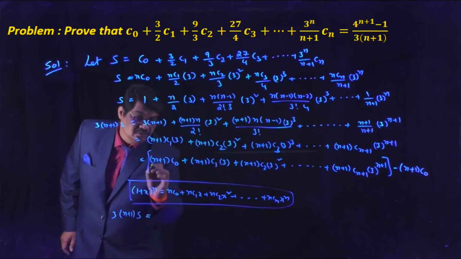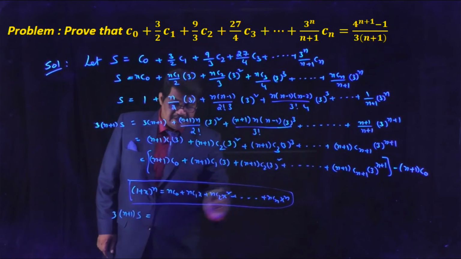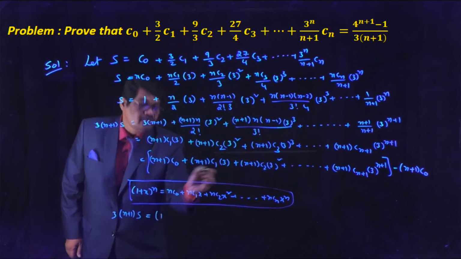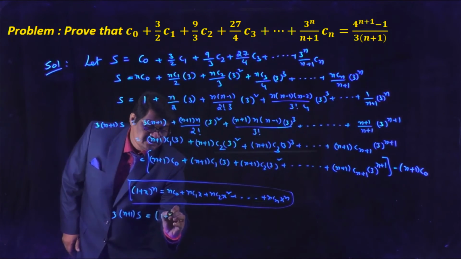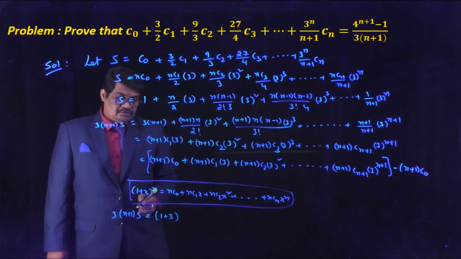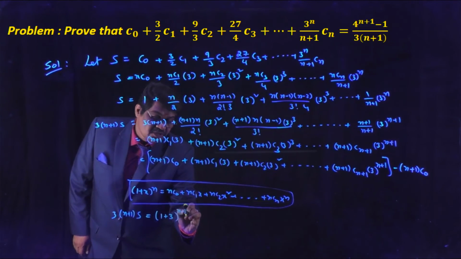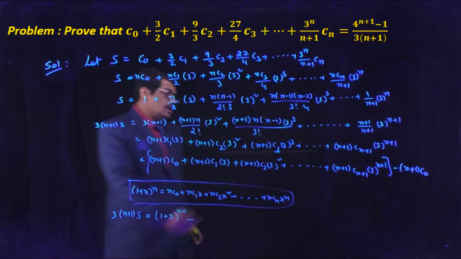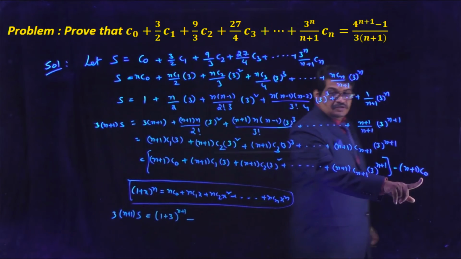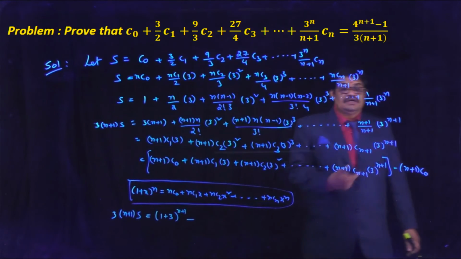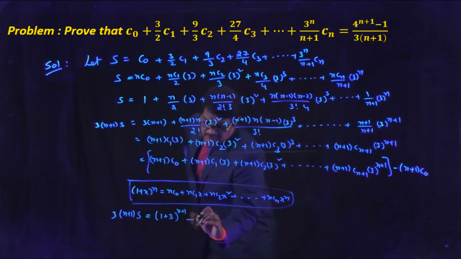Now this series can be written as 1 plus x. What is x? In the place of x is 3 to the power of n. What is here n? n plus 1. Minus, in the last term n plus 1 c naught, that is n c naught is 1, n plus 1 c naught is also 1. So this is 1.